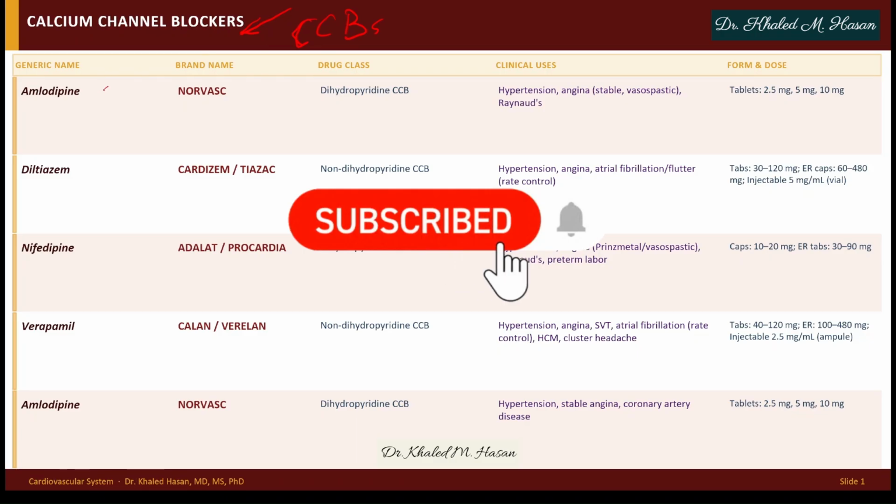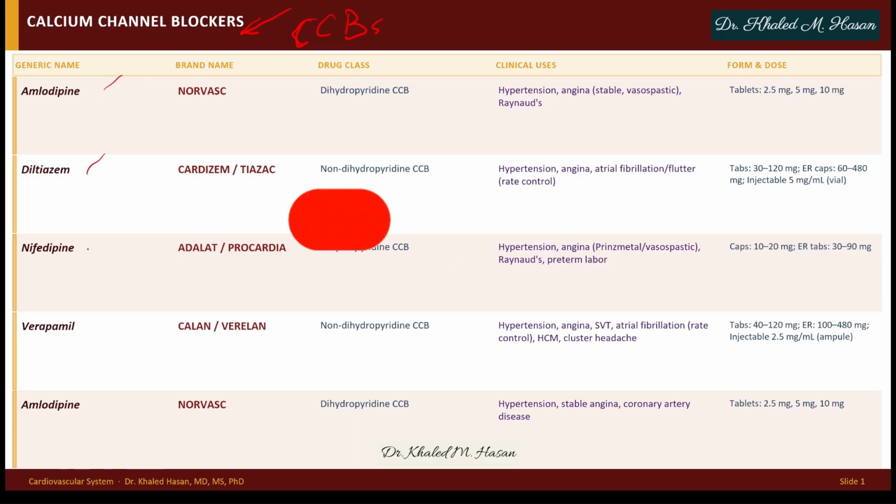We have amlodipine, diltiazem, nifedipine, verapamil. Okay, we'll start with the first medication, amlodipine, brand name Norvasc. Amlodipine belongs to the category of dihydropyridine CCB. Amlodipine is used for treatment of hypertension, angina, stable angina, or vasospastic angina.